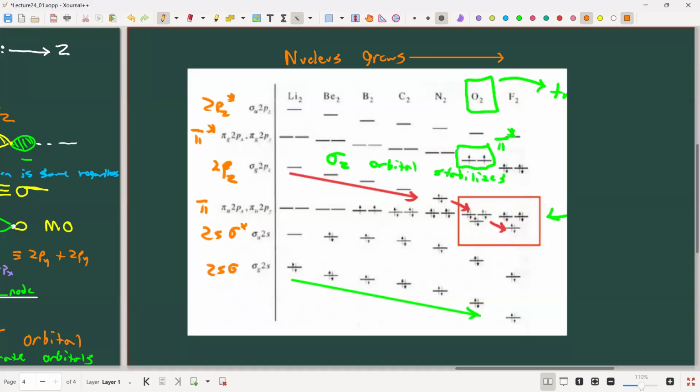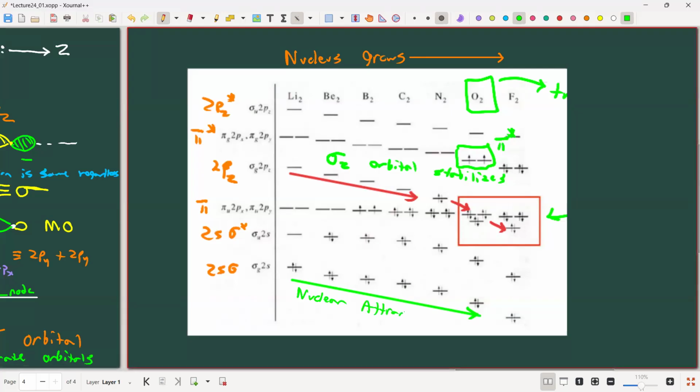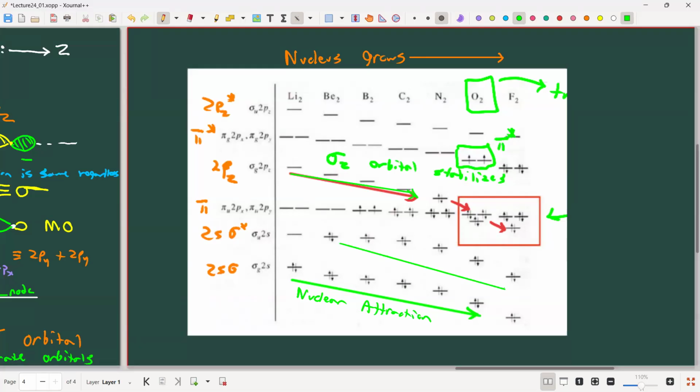The 2s electrons are the closest to the core in the valence, and we can see a massive change in how much they get stabilized because of the attraction of the protons. So this is nuclear attraction pulling these down. We can see that in pretty much all the sigma orbitals. This one also declines by the same amount, and the sigma bonding orbital also declines. So we see significant declines in energy with the s orbitals as the nucleus gets bigger.